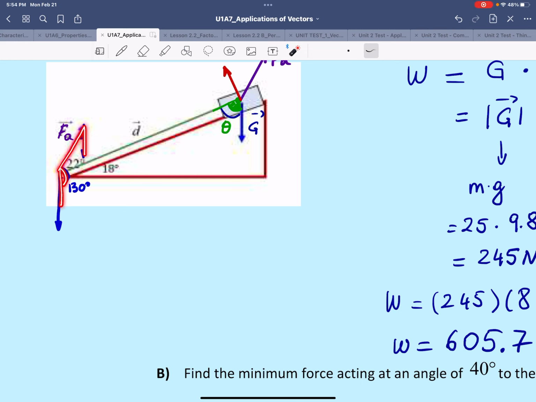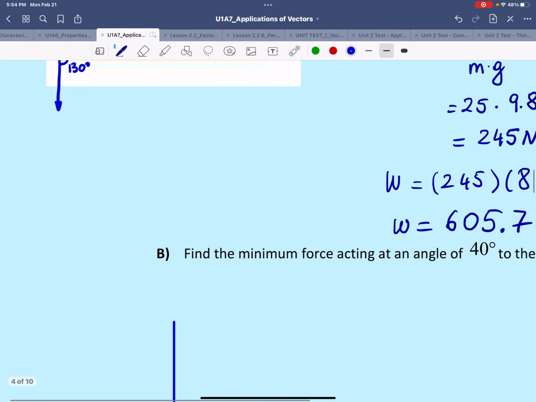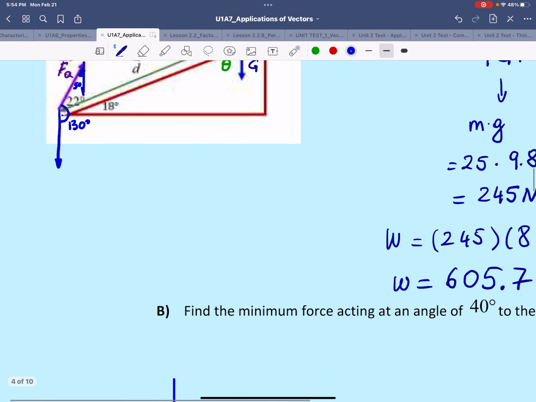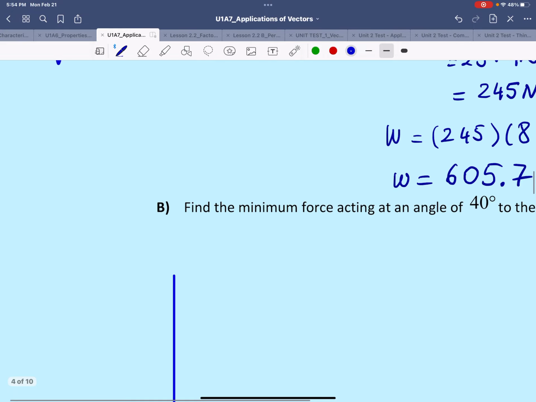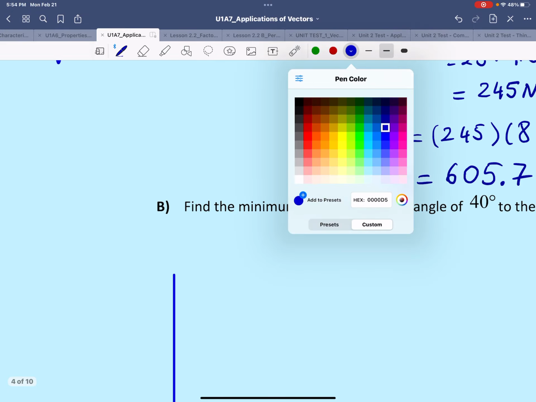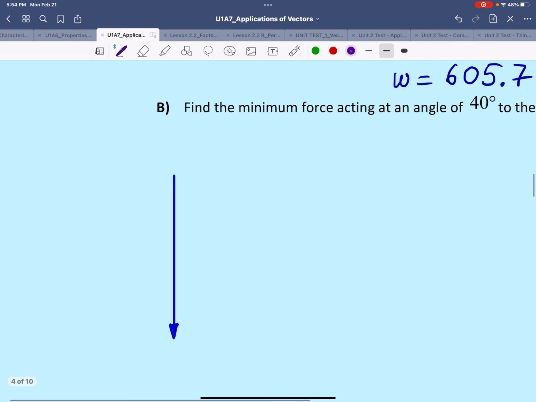So if this is 130, then this must be the supplementary angle, so 50 degrees. So if gravity and FA are placed head to tail, they will make together an angle of 50 degrees. So here goes the force FA, and here is the angle 50.